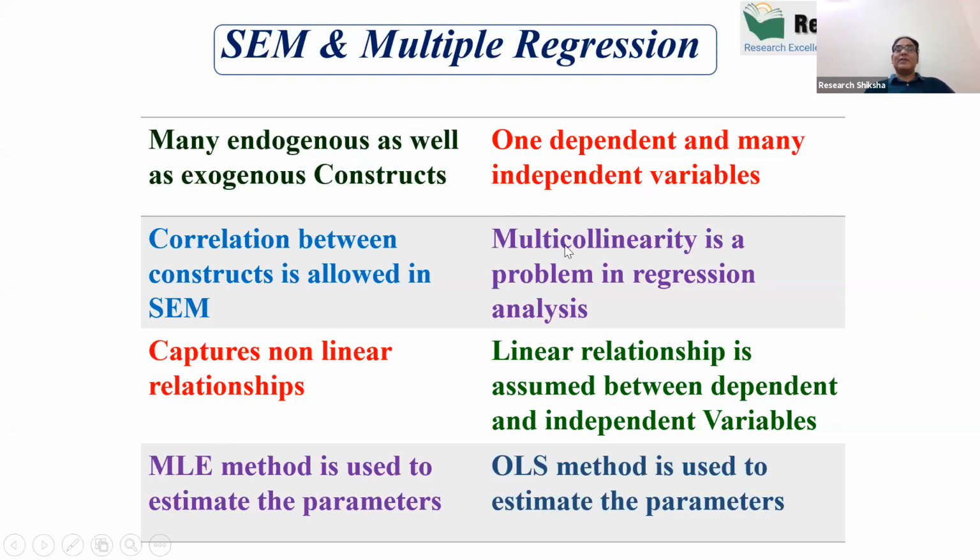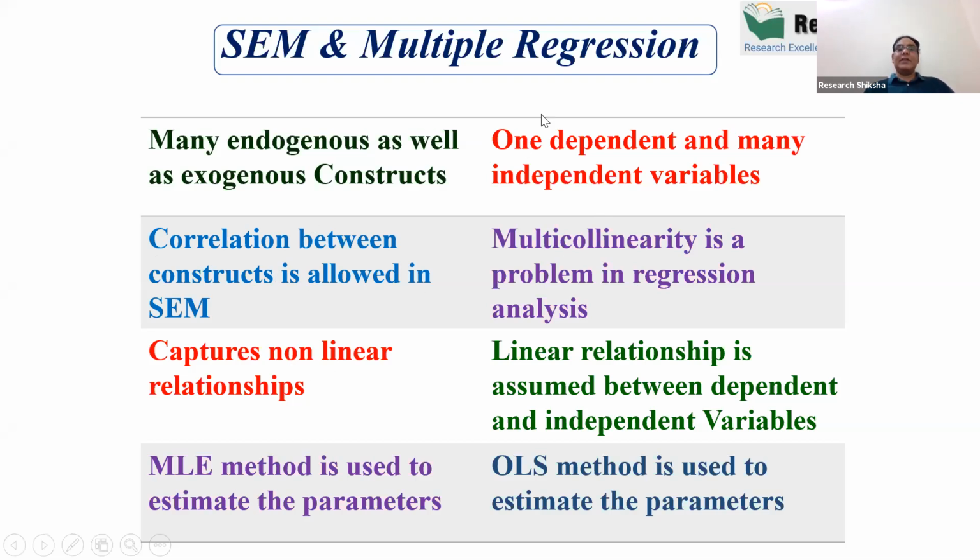In a multiple regression model, multicollinearity is a big problem, but here we are allowed to correlate the constructs in between. So we can put a correlation by a double-sided arrow between the exogenous constructs to capture multicollinearity, if any. And basically, this correlation is also helpful in increasing the model fitness. So this is also good for the model actually.